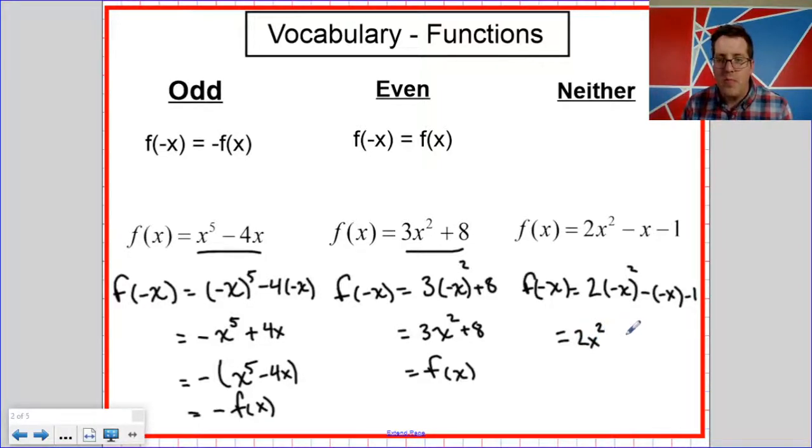So that part is back to the original. However, that does not happen with the x term in the middle. So this third function here is neither exactly the same as the original, nor is it exactly the opposite of the original when I plug in the opposite of x, or negative x.